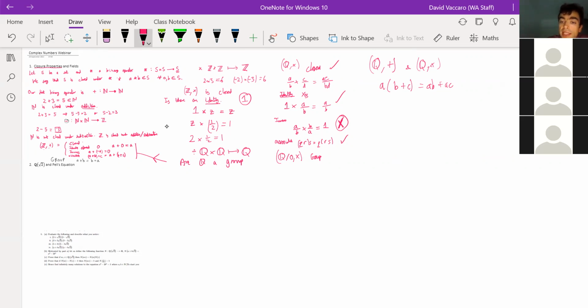A set which has got these two binary operators, which are also distributive over one another, is called a field. So with the rational numbers, we can add, we can multiply, we can subtract, and we can divide, except by 0.